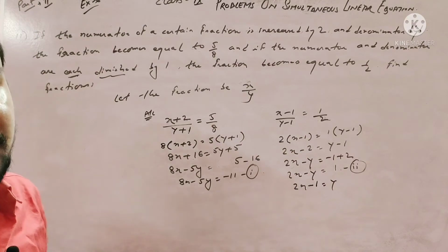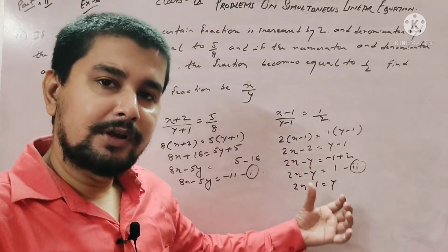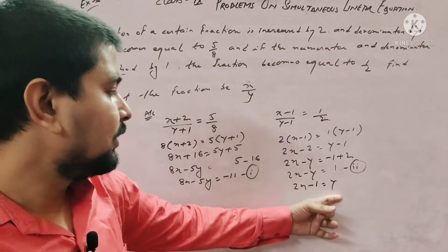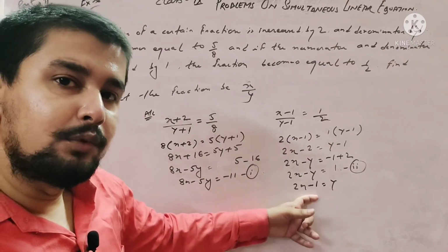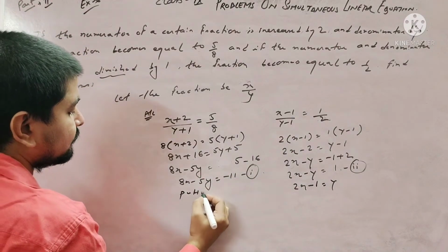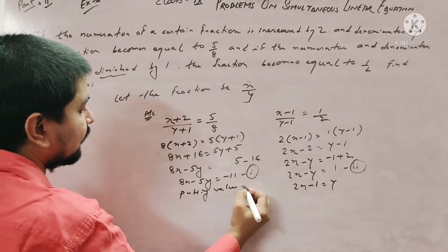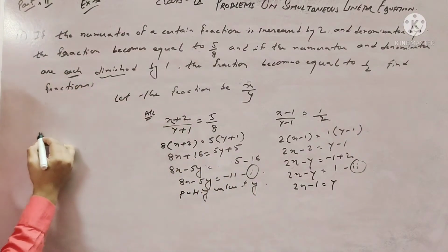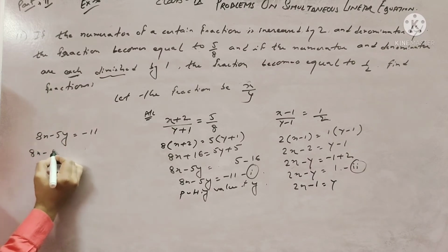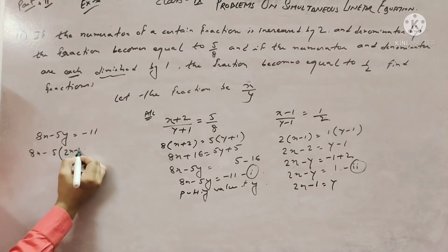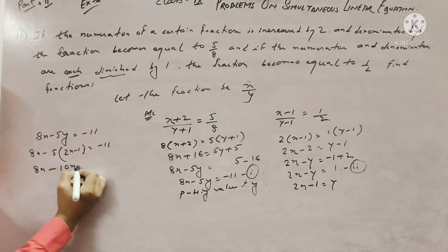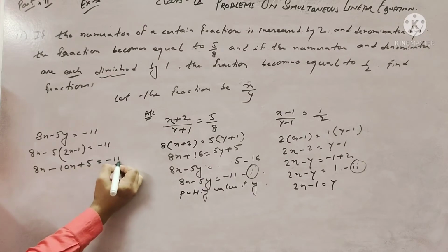Now use the substitution method. We know the substitution method: taking the value from one equation and putting it into the other one. So from this equation we found the value of y, that is 2x minus 1, and put the value of y in this equation. Putting the value of y in 8x minus 5y equals minus 11: 8x minus 5 into 2x minus 1 equals minus 11. 8x minus 10x plus 5 equals minus 11.